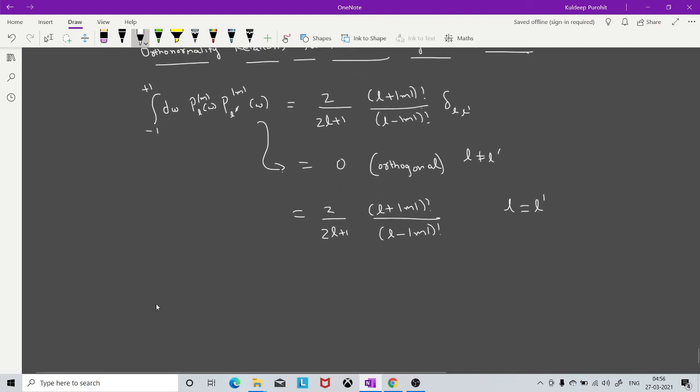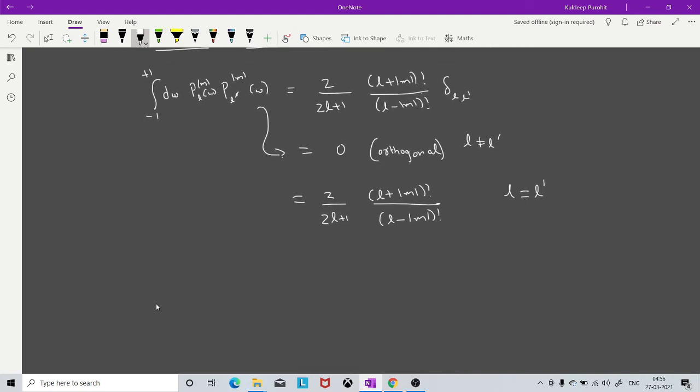You can see that right now these are not normalized functions, because when l is equal to l prime, for physical wave functions this value should be equal to 1, and right now this is not equal to 1. So what we have to do is divide with this factor so that the normalization condition becomes 1. This is a standard practice.